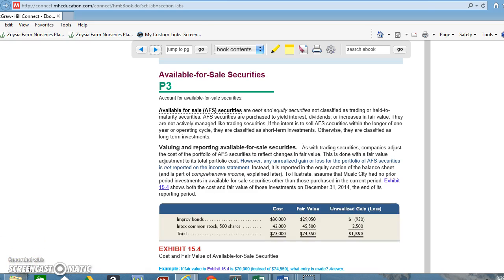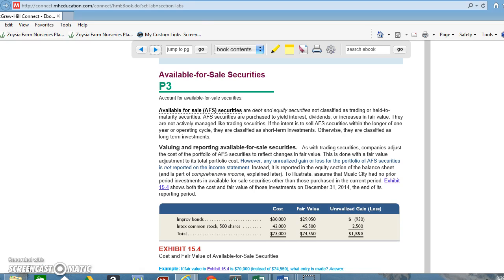And the third type of investment here is available-for-sale securities. These are traded pretty frequently, so they're typically short-term investments. Unlike the trading securities that we saw first, any unrealized gains on available-for-sale securities are not reported on the income statement.